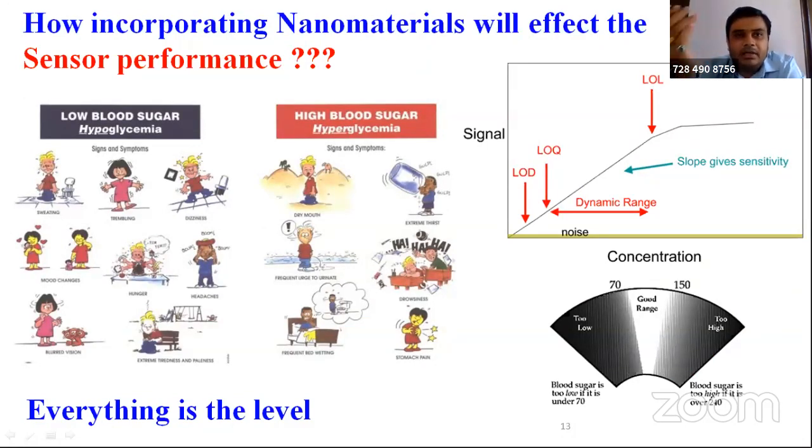For example, if you have 100 chairs, only 100 people can fit on them, so there is a saturation level. Same with the sensor system. If you have 100 antibodies loaded onto the chip, only 100 antigens are going to bind. Over 100, it will be a saturated curve. So that is called the LOL, the limit of linearity.